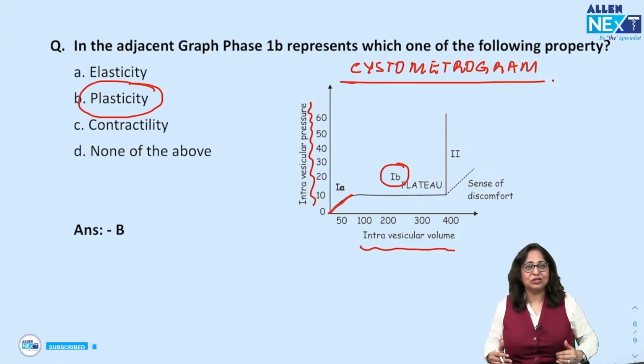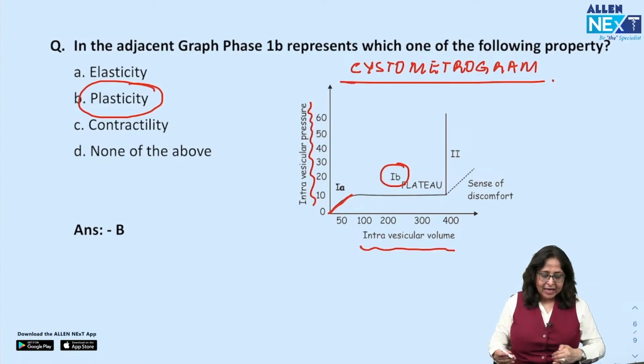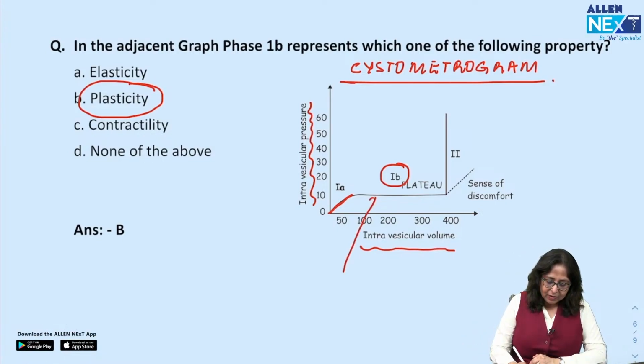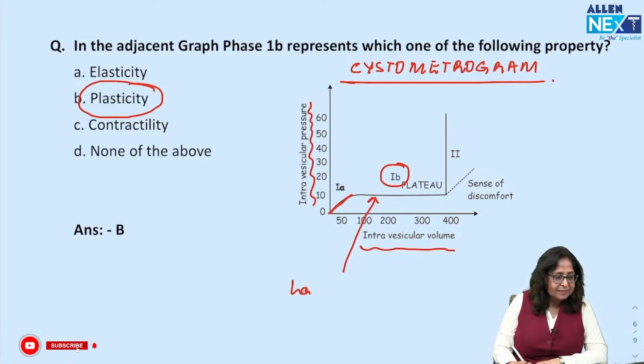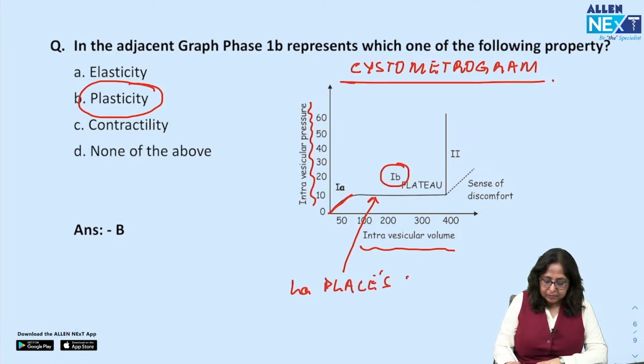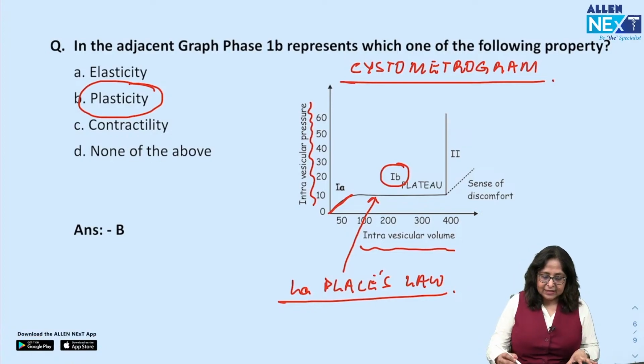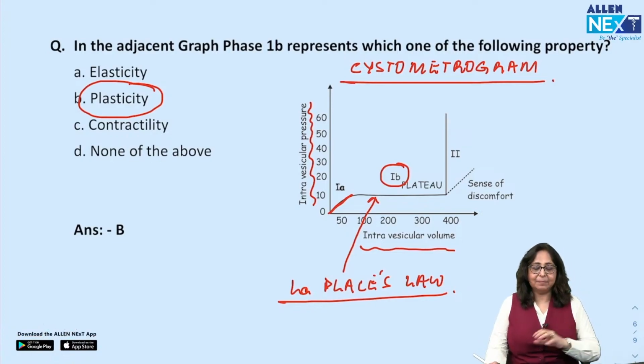So that is what is known as plasticity. And in phase 1b, the law which is applicable is called Laplace's law. So 1b is plasticity.